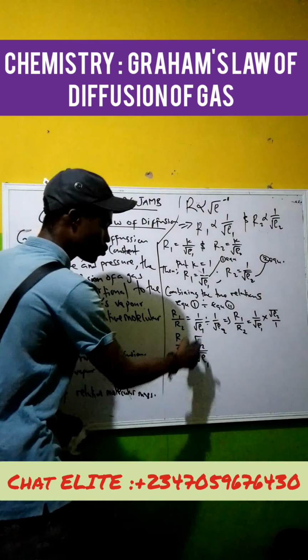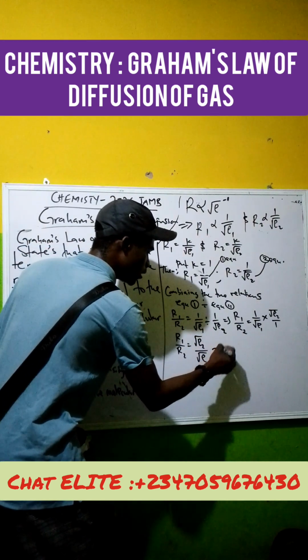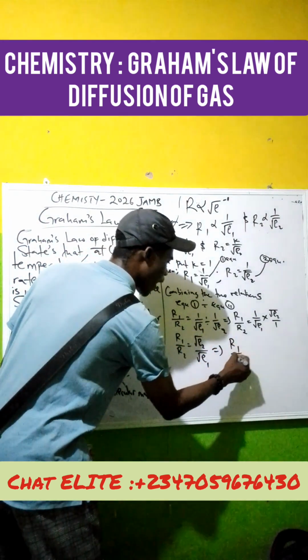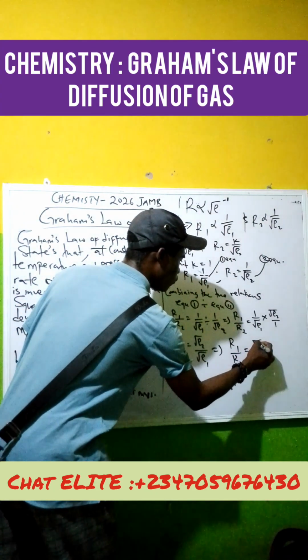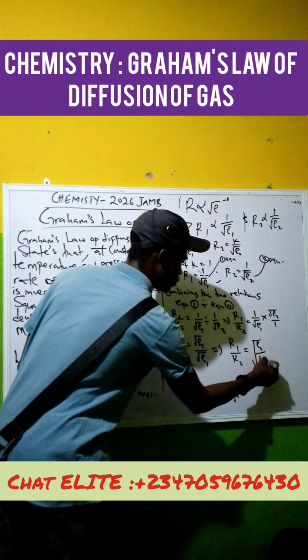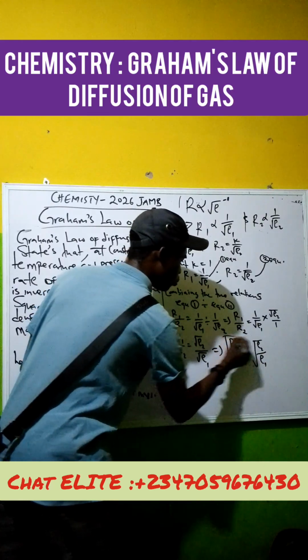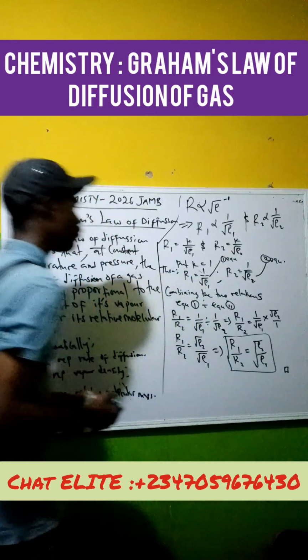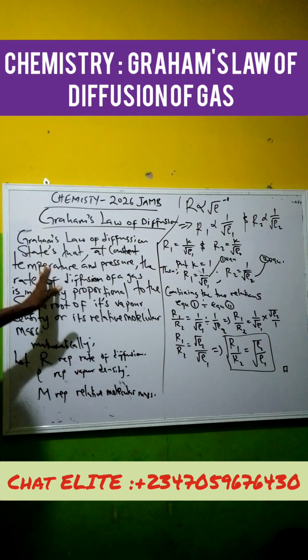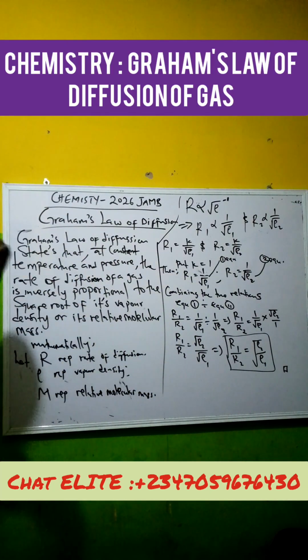In short form, this can be translated to R1 over R2 is equal to square root of density 2 over density 1. So we have already proved this theorem out.